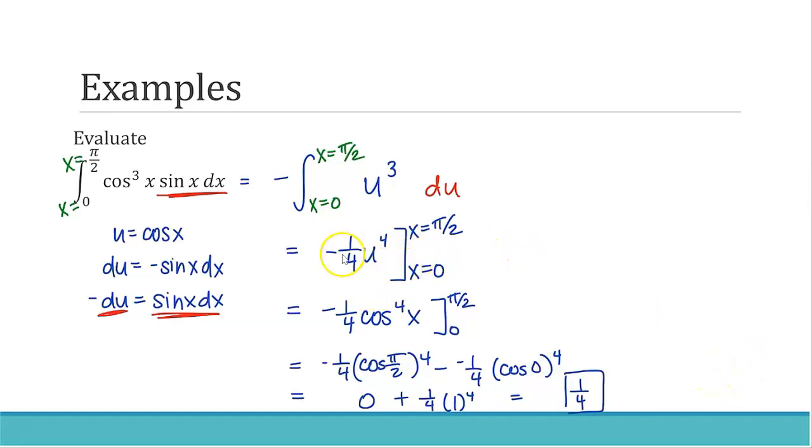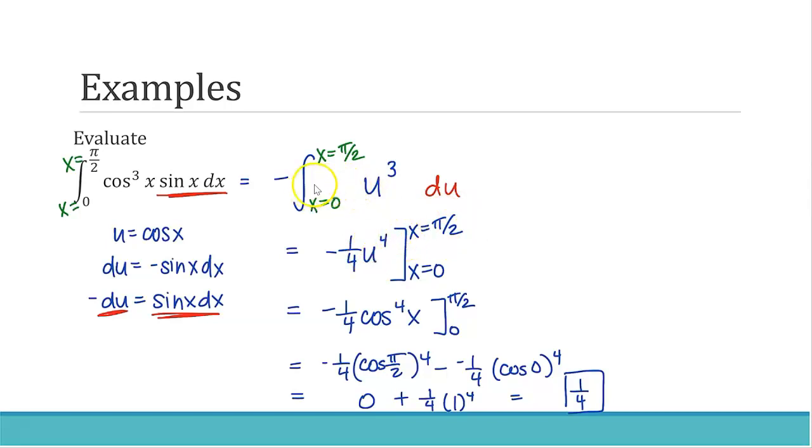So I personally use and recommend using the method of changing everything to u's and then just not going back to x's at all. Because I see more students make mistakes when they try to leave the limits of integration as x, because they forget that they left them as x's and then they just plug those x's into the variable u, which would give you a completely different and incorrect answer.